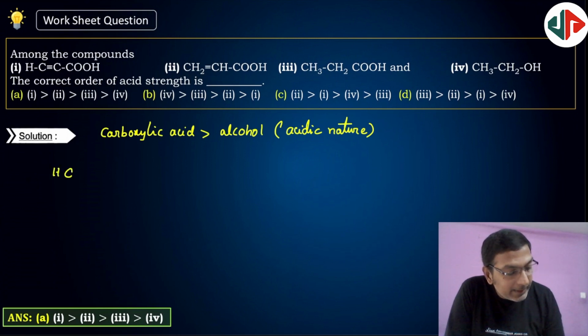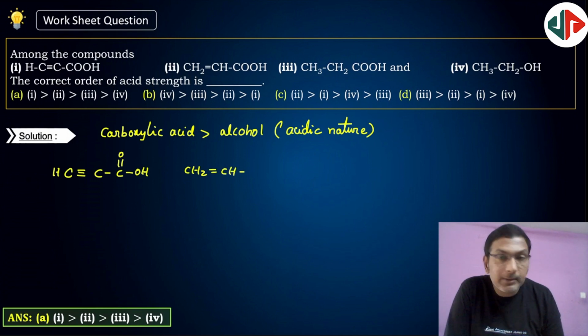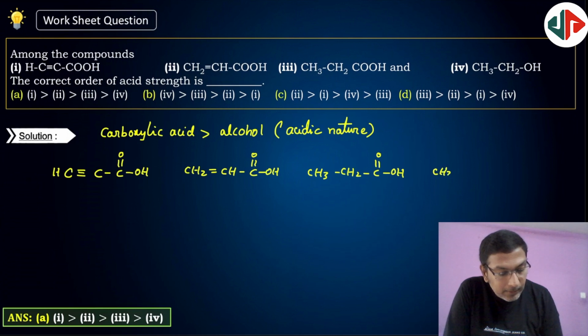First one CH triple bond C COOH. Next CH2 double bond CH COOH. Next CH3 CH2 COOH. And at the last CH3 CH2OH, which is a primary alcohol.